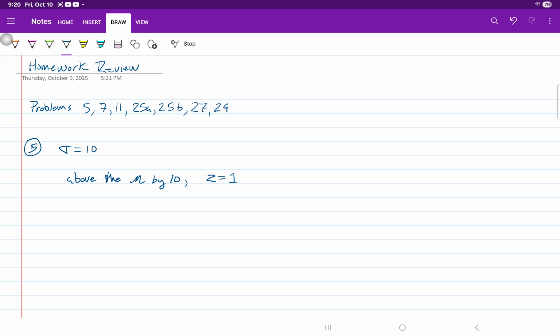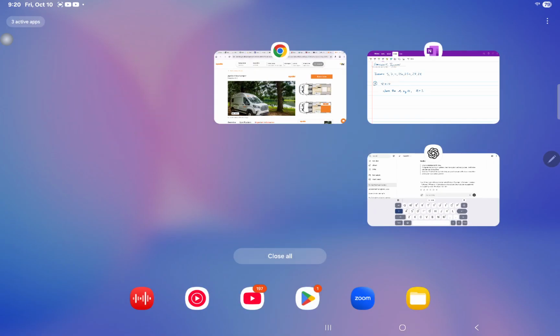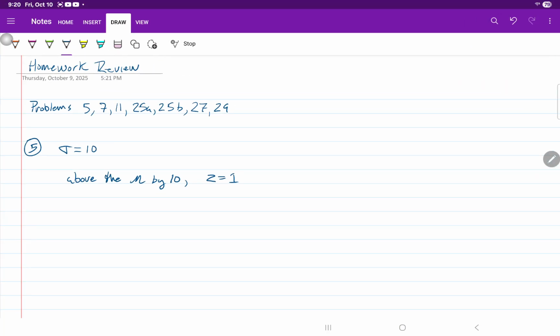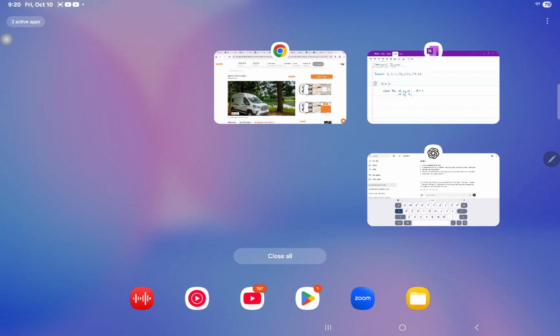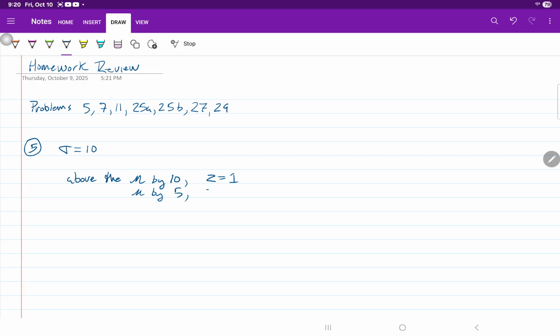So by the same token, above the mean by 5, that would be half a unit of standard deviation, because 5 is 1/2 of the standard deviation, which is 10.